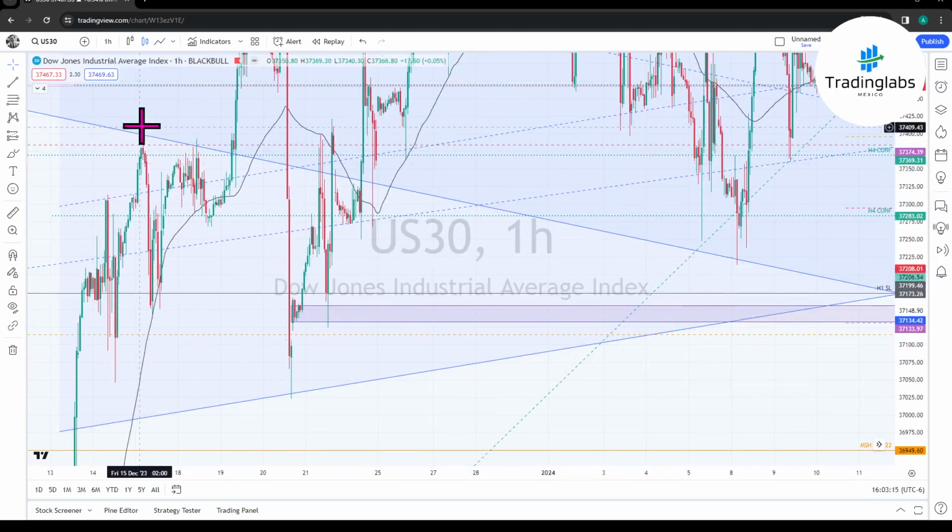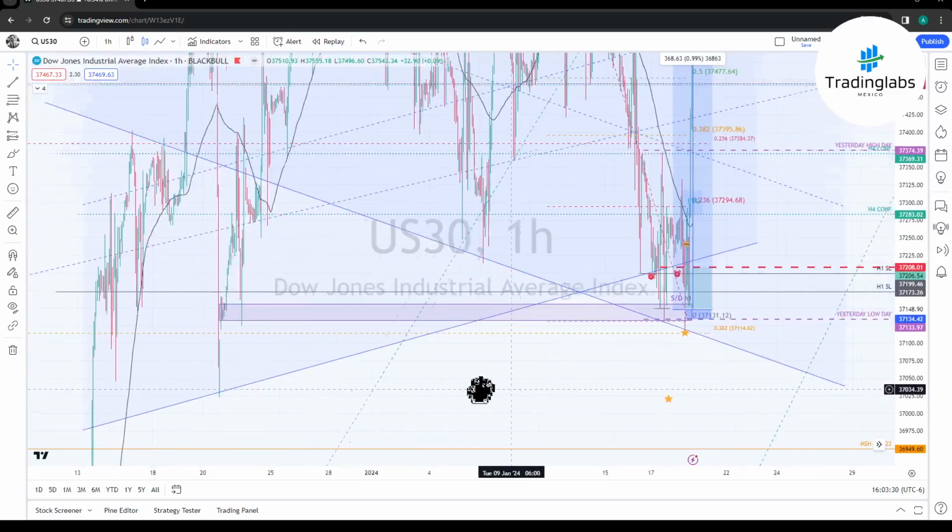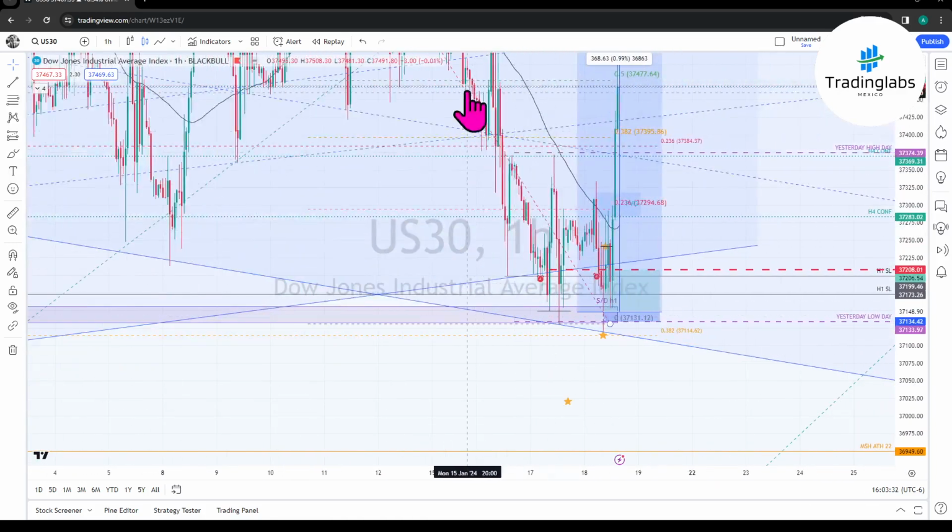The bulls came in, then went up, dropped down, and above the Fibonacci zone came up. Then retest came up. So what came the days before, came up.